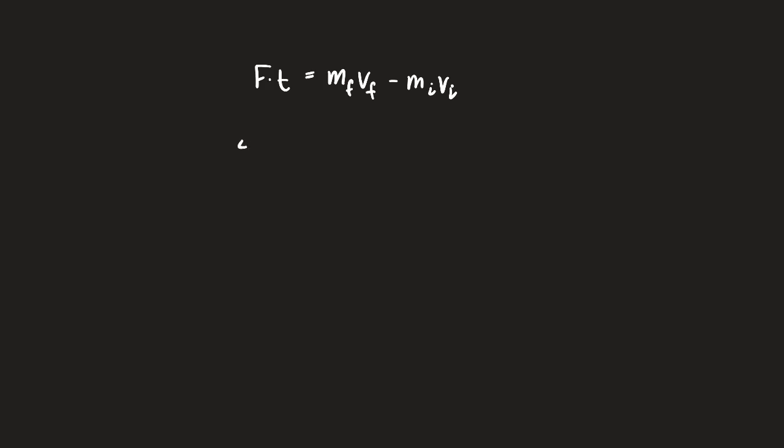I know that the force on the rocket was 40, and it did that for 0.5 seconds. I know the rocket started with an initial mass of 0.5, but the initial velocity was 0. And I know the final velocity of the rocket was 100, but I don't know the final mass of the rocket.